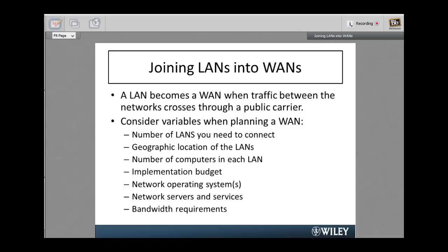Consider variables when planning a WAN: number of LANs you need to connect, geographical location of the LANs, number of computers in each LAN, implementation budget, network operating system, network servers and services, and bandwidth requirements. This is what we think about when we want to join some LANs into one WAN.